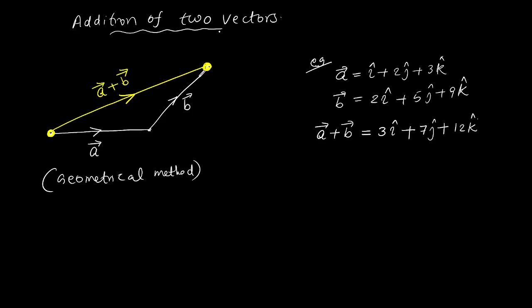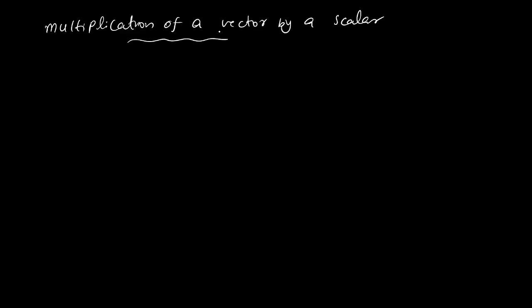Then multiplication of a vector by a scalar. These are required. There are questions. Multiplication of a vector by a scalar. Suppose a person has got this much displacement, with magnitude and direction.